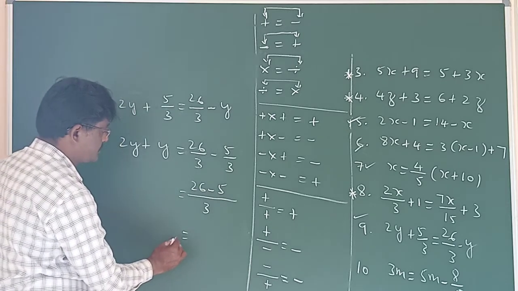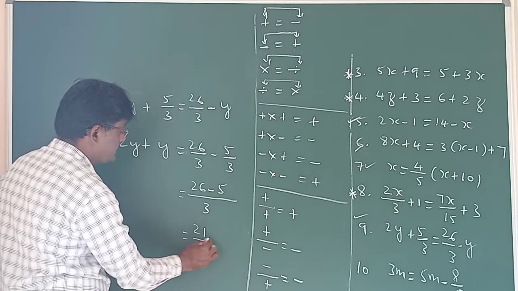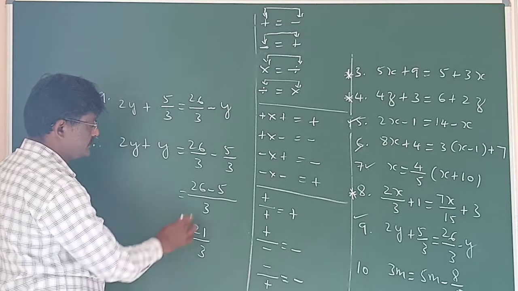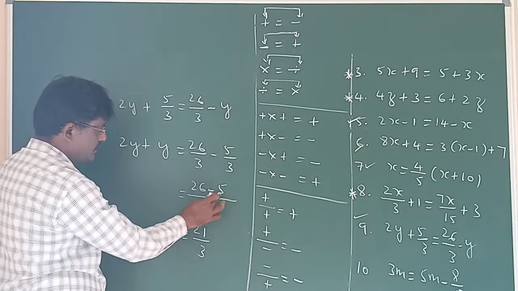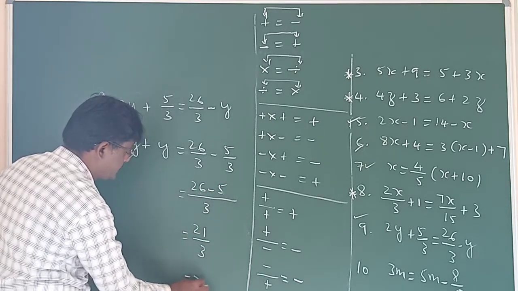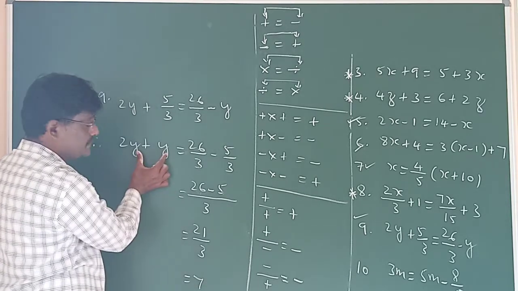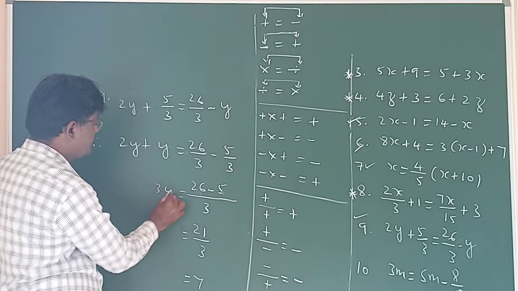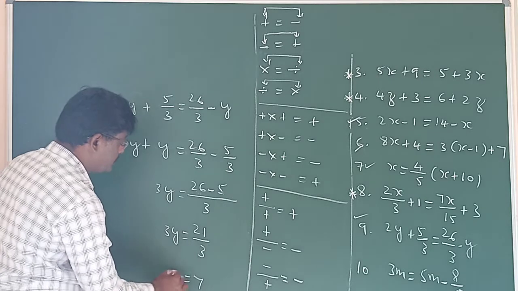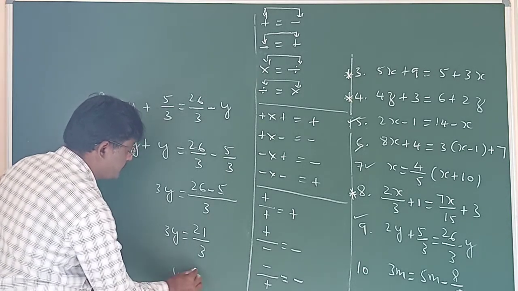Just go for subtraction. 26 minus 5 is what? 21 by 3. Okay, 21 by 3 is what? 7. Now here we got 7. But here we have to simplify now. Therefore 3y, again 3y. Now y becomes y equal to 7 by 3.